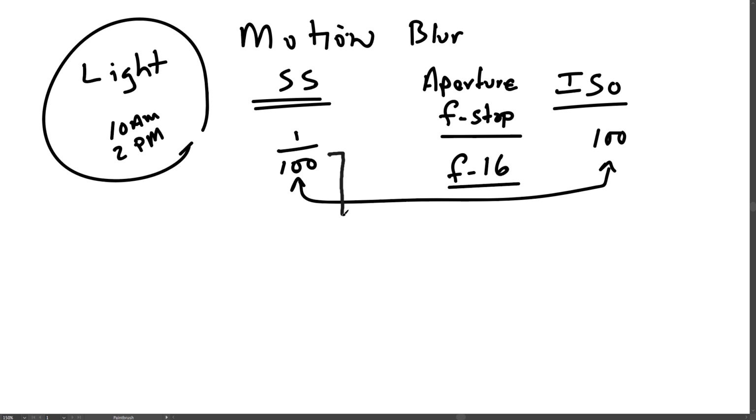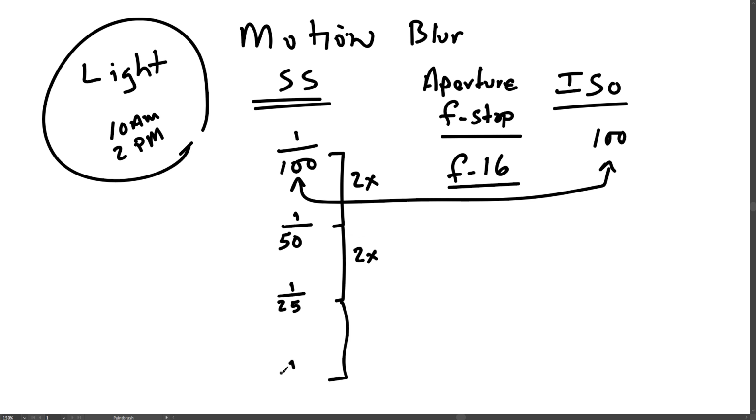So we could go from 1/100 to 1/50, and that would be twice as much light in terms of exposure, but the shutter would stay open longer. We could go to 1/25th of a second, which would let in, again, twice as much light. From 1/50 to 1/25 is letting in twice as much light.